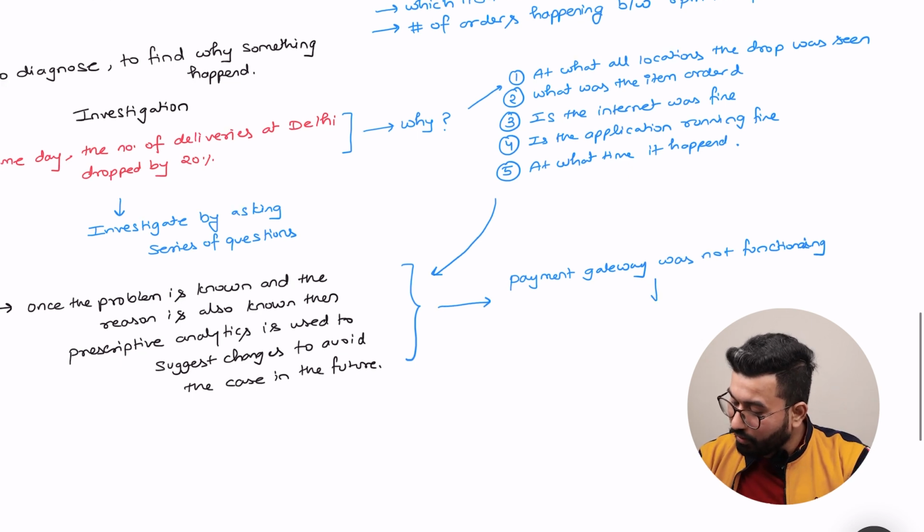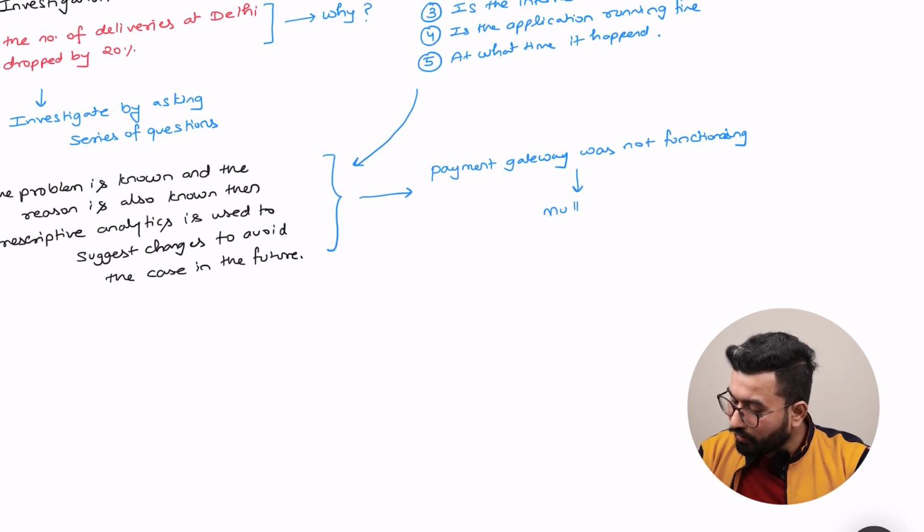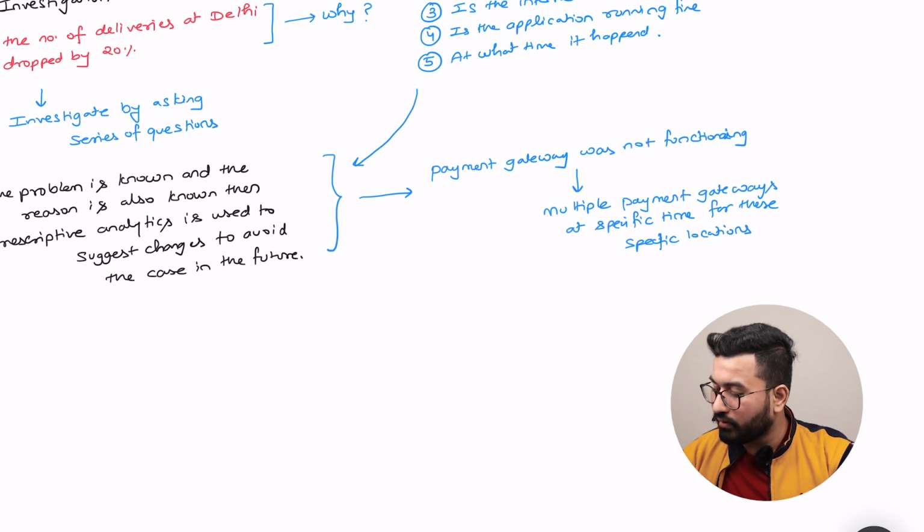Now, what is the solution for this? The solution is multiple payment gateways at a specific time for these specific locations, right?